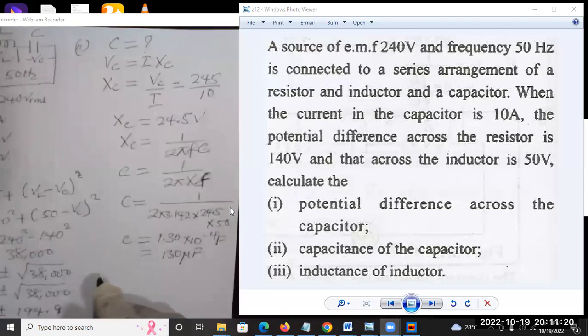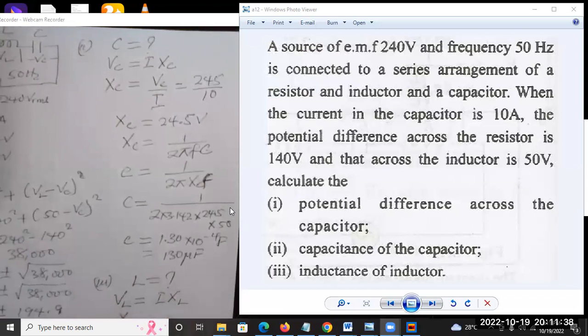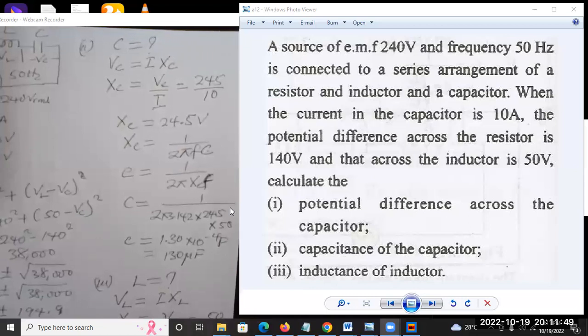And then we have the last question, find the inductance of the inductor, which we don't know. The voltage across the inductor is given by the expression, the current times the inductive reactance. So let's find the inductive reactance, given by VL over I. VL from the question is given as 50 and I is 10.